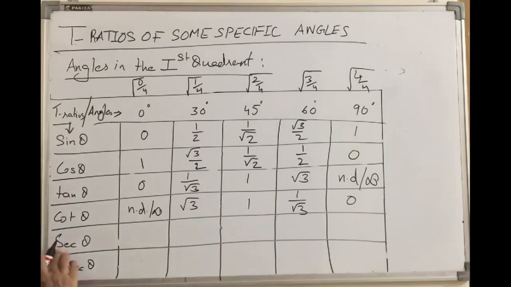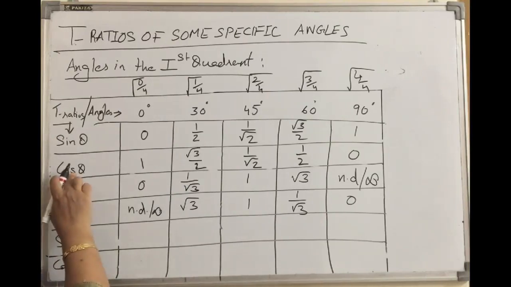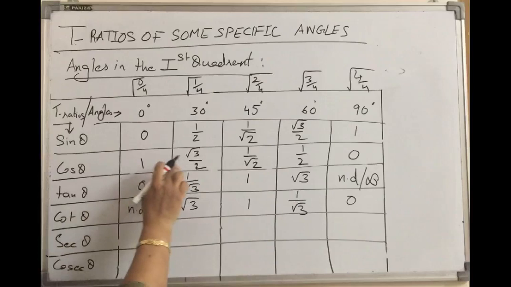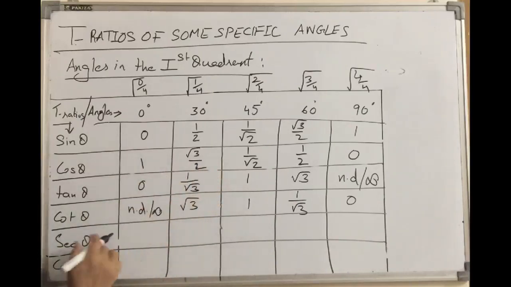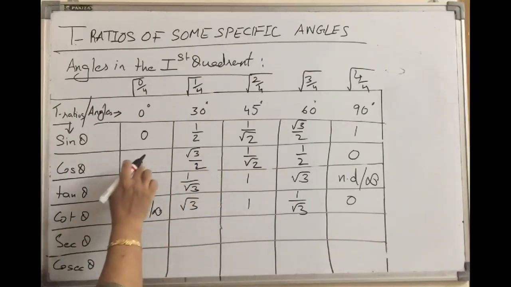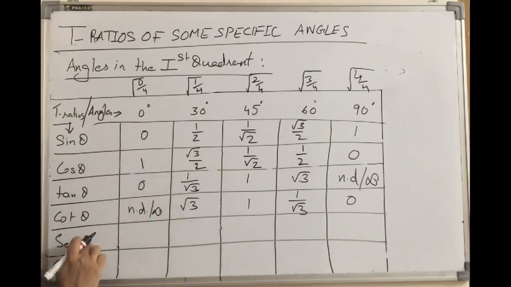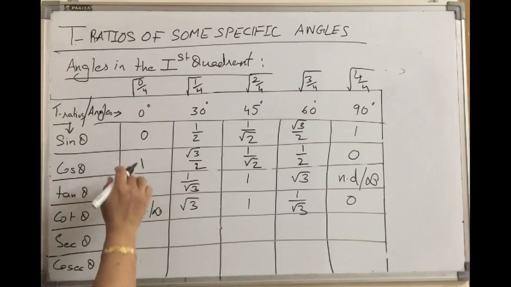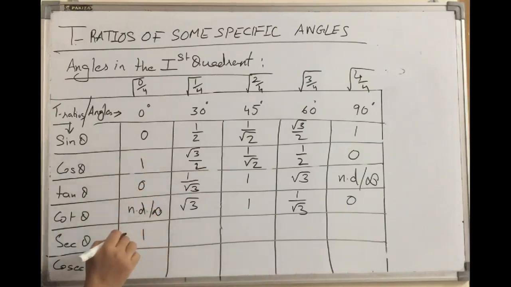Next we come to sec theta. Now here we'll use the concept of reciprocal ratios. Sec is the reciprocal of cos. So reciprocate the values of cos to get the values of sec. So sec 0 will be 1 upon cos 0. So 1 by 1 is 1.